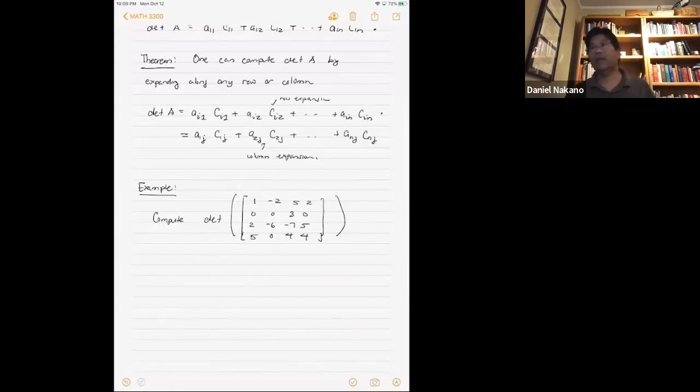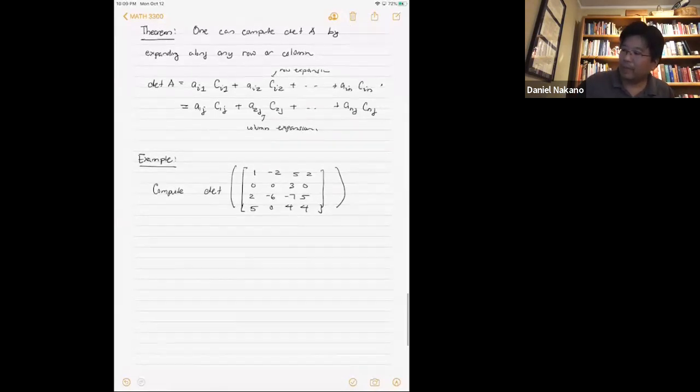So this is definitely a recursive process. You go down in dimension at every step, until you get to the very end where you're computing 2x2 determinants, making the size of the matrices smaller and smaller.